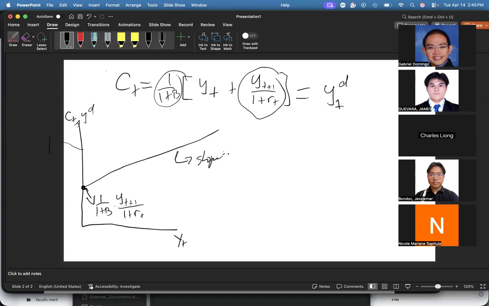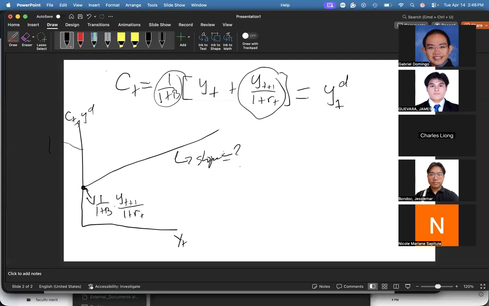Get the derivative of this equation with respect to Y_t. What is it? Okay, 1 over 1 plus beta. We spent some time talking about that, the slope of the consumption function and how it's related to 1 over 1 plus beta, and how the interpretation is the marginal propensity to consume from current income.